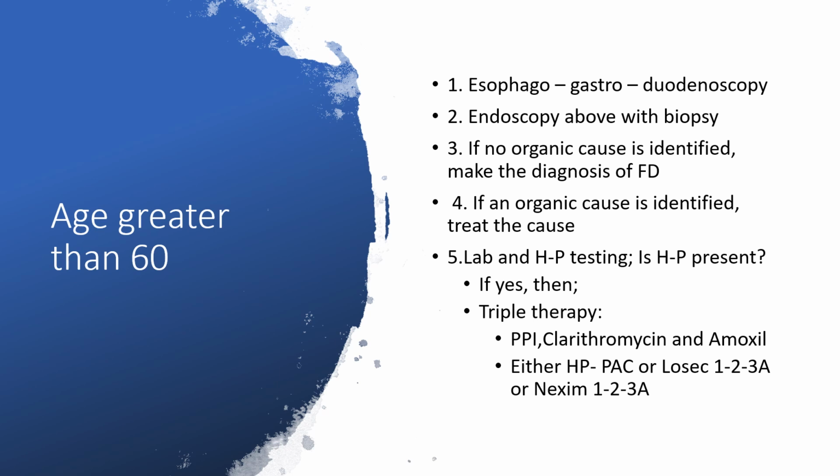If the answer is yes, then we can start with triple therapy. That will involve proton pump inhibitors like omeprazole, clarithromycin, and amoxicillin. It is either HP pack or Losec 1-2-3A or Nezin 1-2-3A.